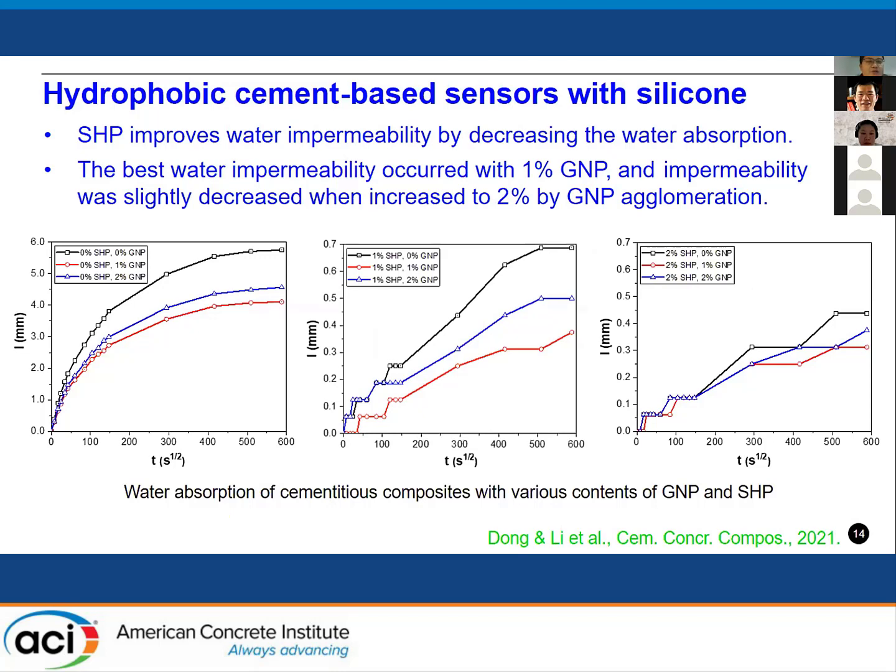And then we also found the best water impermeability happened for the specimen with 1% GNP, but the impermeability slightly decreased when the content of GNP increased to 2%, and this may be due to agglomeration of the GNP particles.